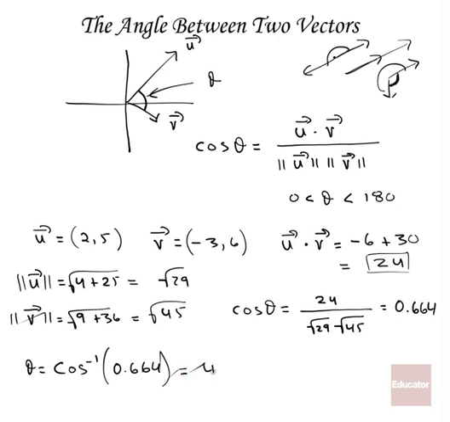I get 48.4 degrees. So that tells me that if I have u as 2, 5, that's in this quadrant, and negative 3, 6, that's in the second quadrant, I'm dealing with an angle between them of 48.4 degrees.